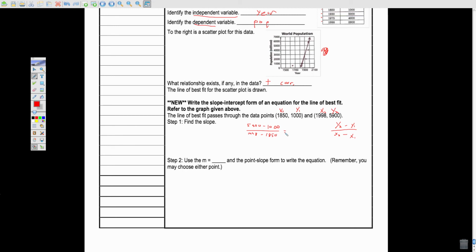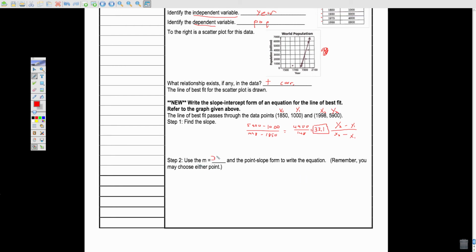So what that equals, using the calculator, is 4,900 over 148, which if you type that in a calculator, equals 33.1. Okay, so we found our slope.